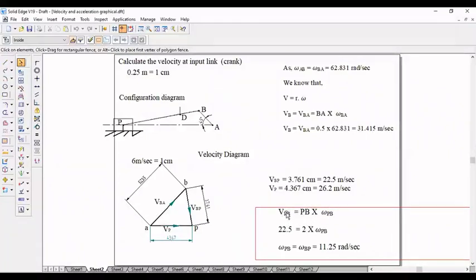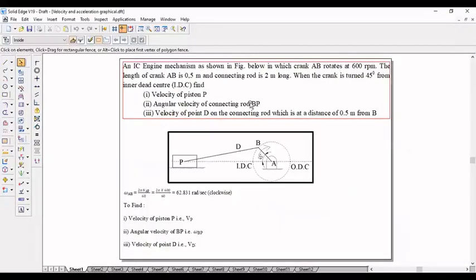So this velocity I got 22.5. I have substituted that. PB is nothing but the length of the connecting rod, that is 2 meter. So 2 into omega PB. So that is how I get omega PB or omega BP as 11.25 radian per second. So by this, I have calculated the second question as well.